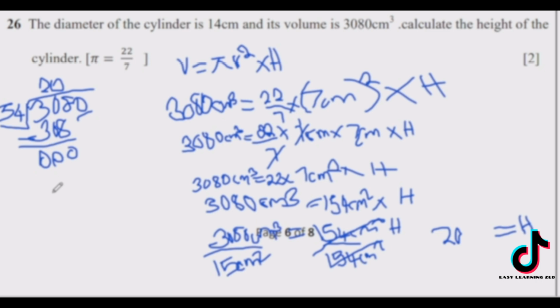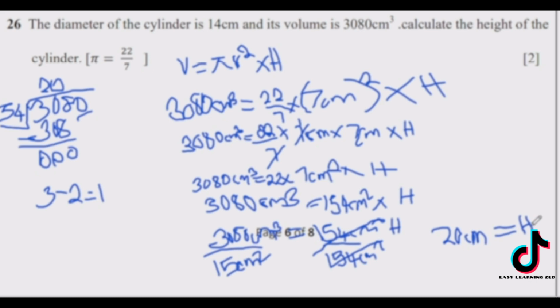Centimeter is raised to the power of 3 on top and to the power of 2 down here. That means we're going to have 3 minus 2, which will give us 1. So it will be 1 centimeter, and the answer will be 20 centimeter, equal to height, h.